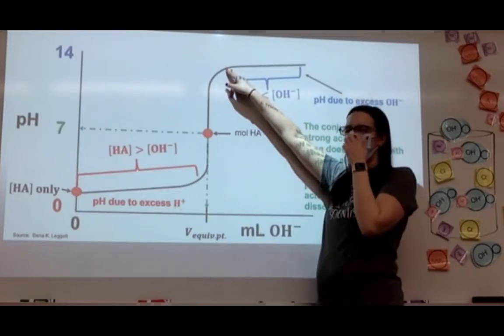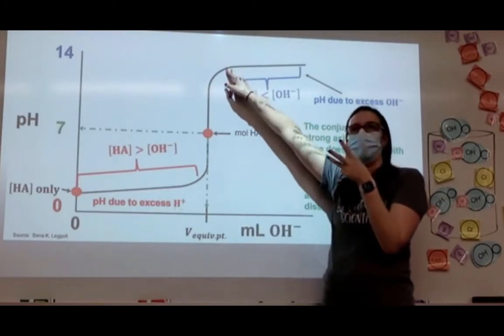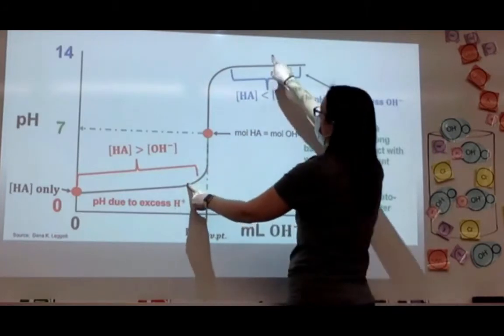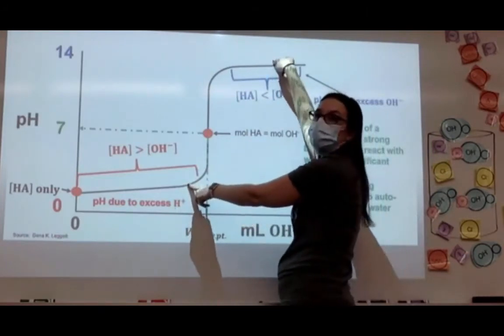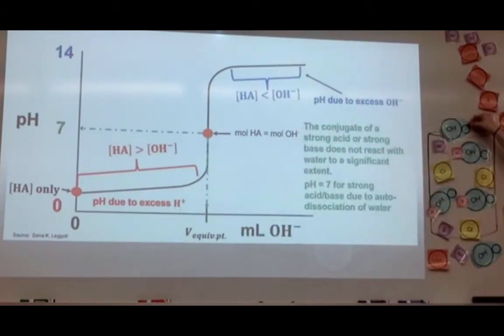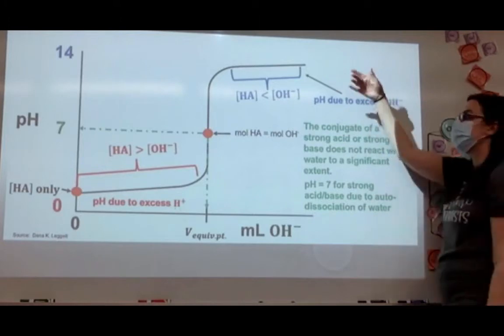I had somebody last year that had to titrate 3 times because they added 2 drops instead of 1, and they went from here all the way up to here in 2 drops of NaOH. Because there's nothing else to neutralize. So as soon as you add a hydroxide, now you have excess base, and the pH is really high.